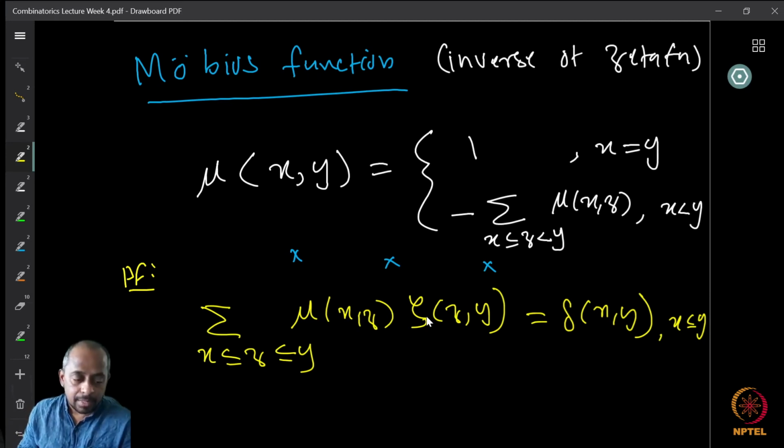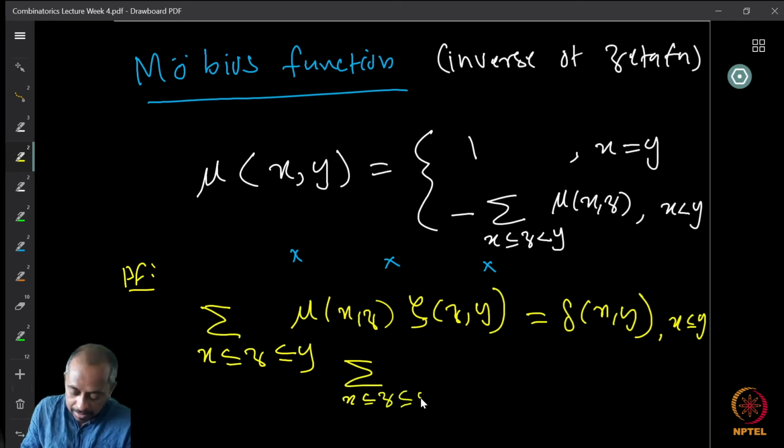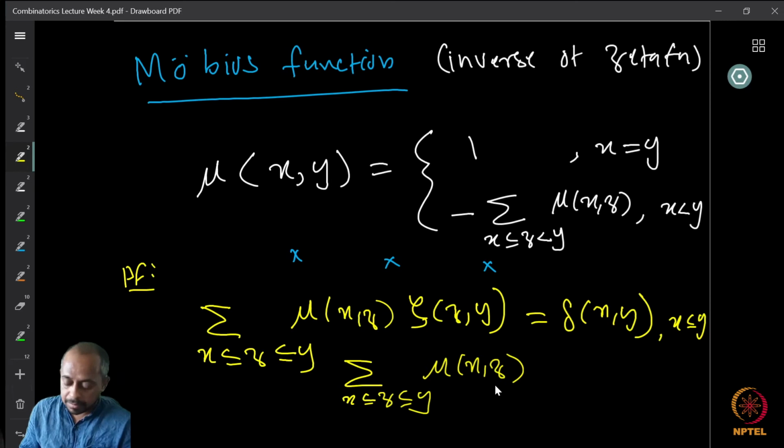Therefore this summation can be written as, because zeta is 1 whenever we are counting and otherwise it is 0, the summation over x less than or equal to z less than or equal to y of mu of x comma z, that is equal to delta of x comma y.